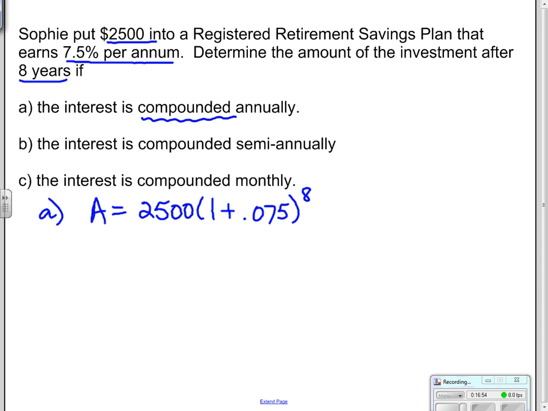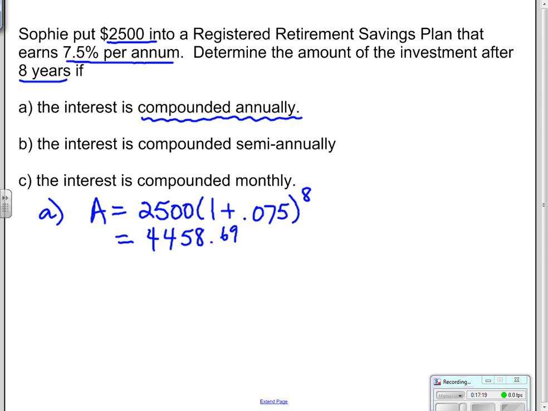So for this one, because it is compounded annually, our banker sits down once every year, calculates the interest. This is what we get. And that total, this is a little stunning, but it's $4,458.69.